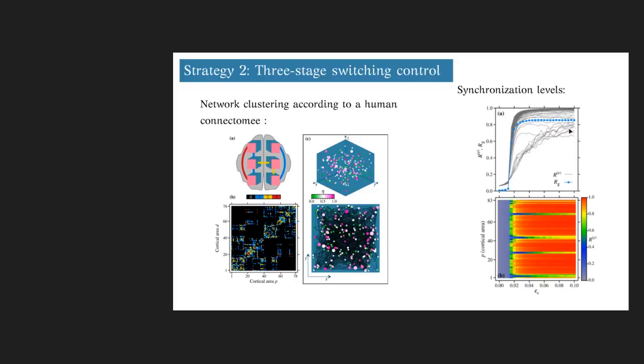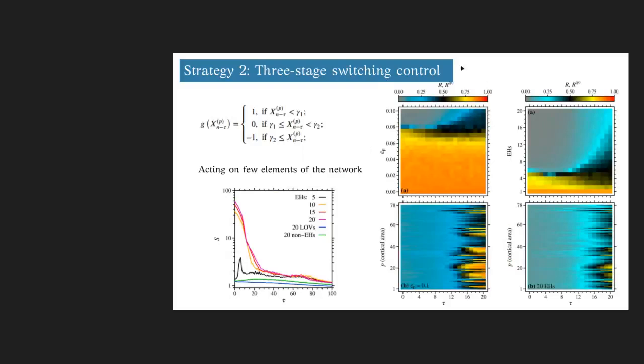So we can now apply the three-stage switch control, which consists of 3 levels of control. If the mean field in each subnetwork is smaller than a threshold, we apply a stimulus. If it is between the 2 values, we don't act on the subnetwork.